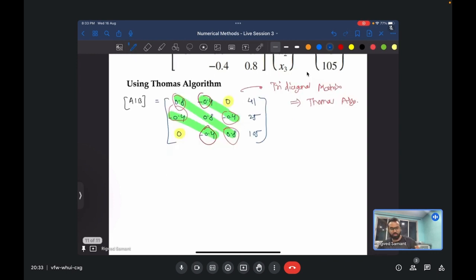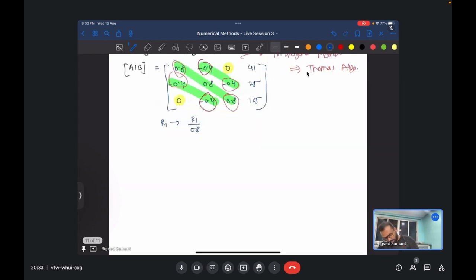In the Thomas algorithm, first we make the diagonal element 1. So R1 would be R1 divided by 0.8. So this is 1, this is minus 0.4 divided by 0.8, which is minus 0.5, this would become 0, and 41 divided by 0.8 is 51.25.